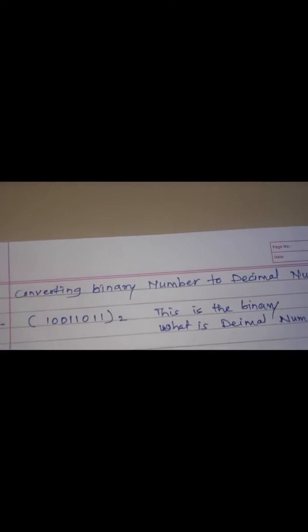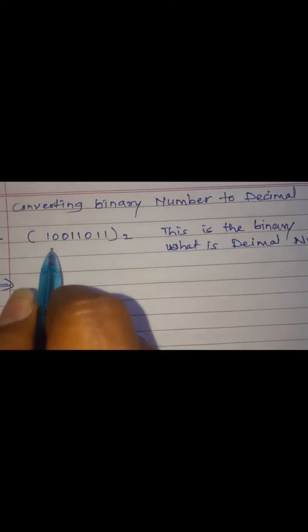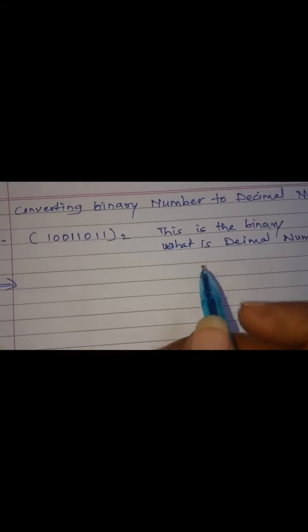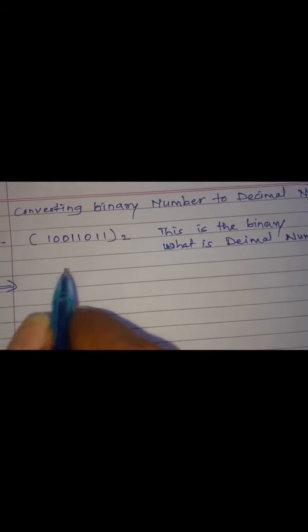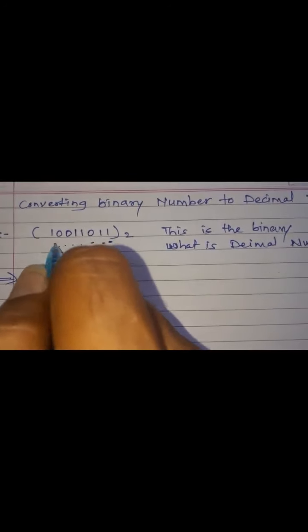Now we have to calculate. See, first we arrange this binary number in a spaced manner, from the left side. We take the first digit, second, third, fourth, fifth, sixth, seventh, eighth. The 8 digits we write here in spaced manner.